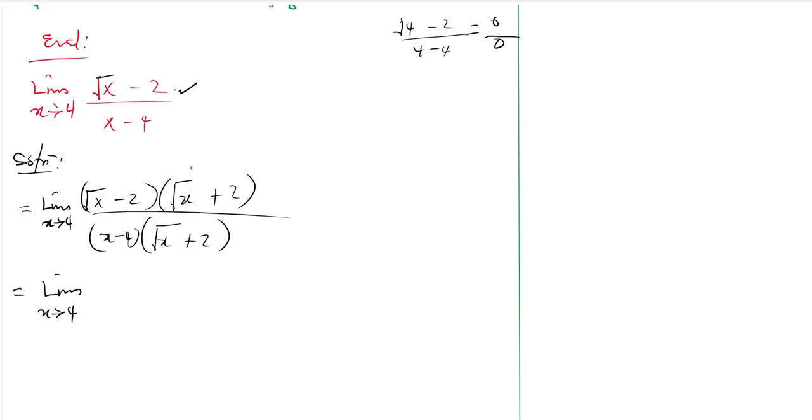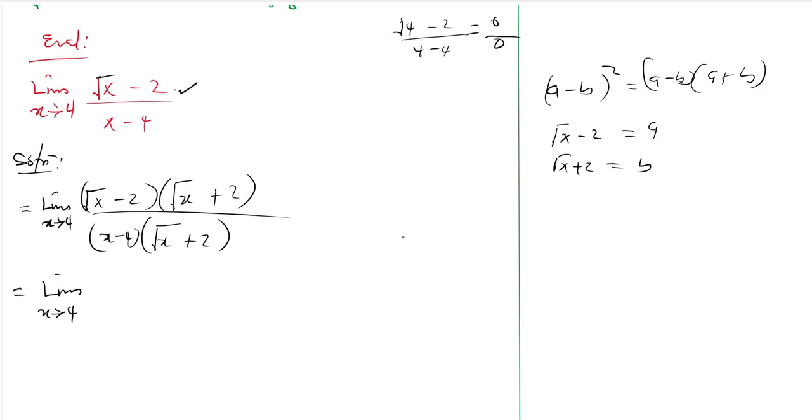Now you remember the top is in the form of a minus b. Remember, a squared minus b squared will give us a minus b multiply a plus b. And in this case, root x minus 2 will be a, and root x plus 2 will be b.